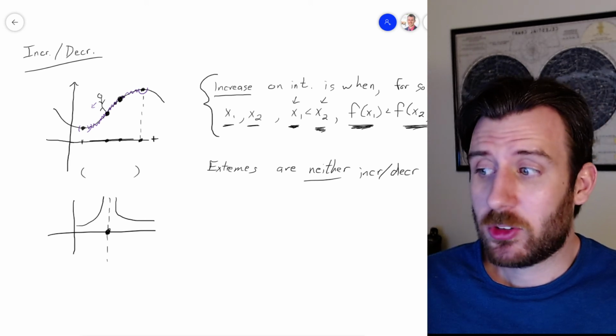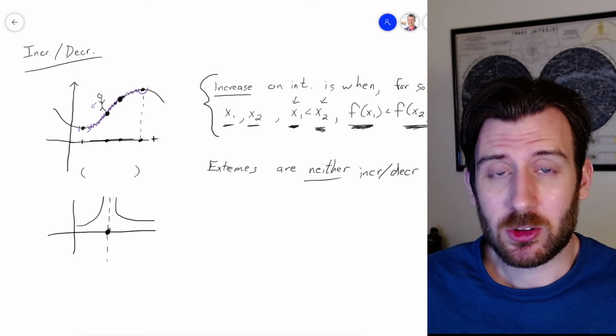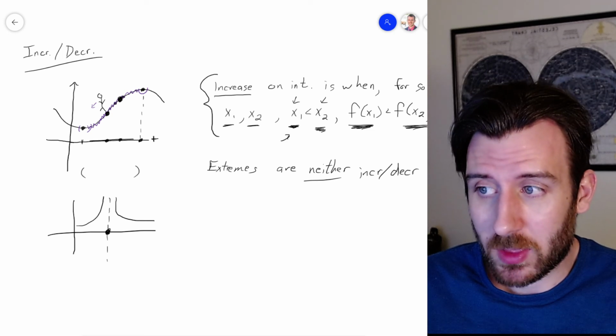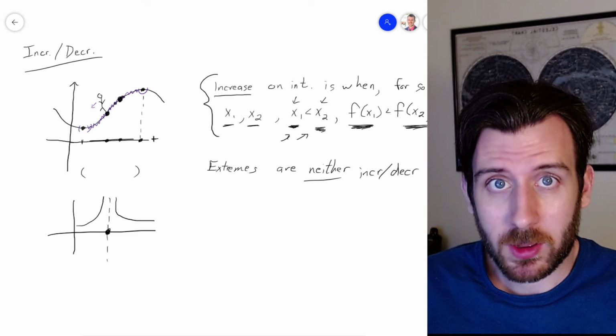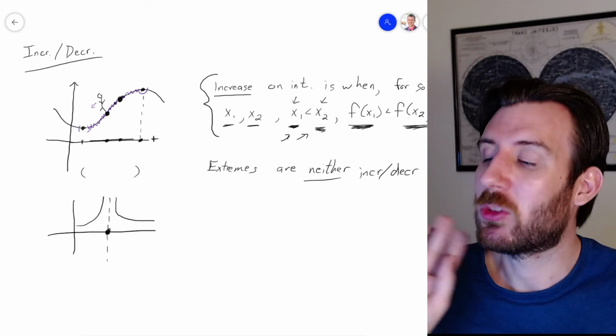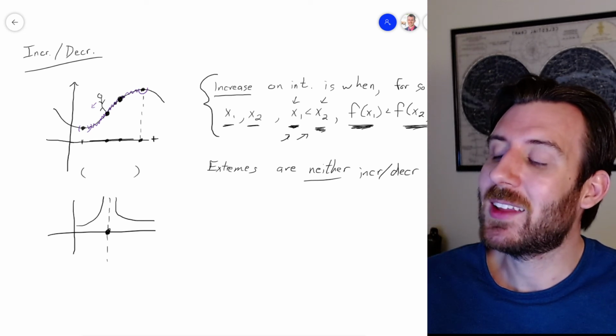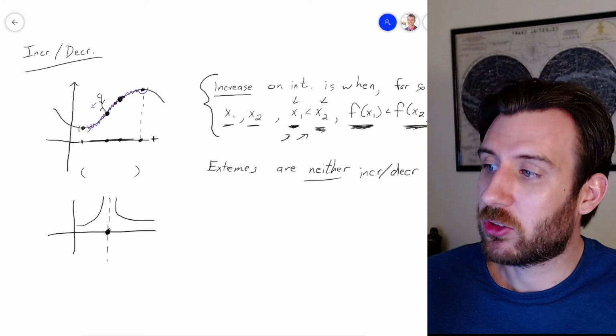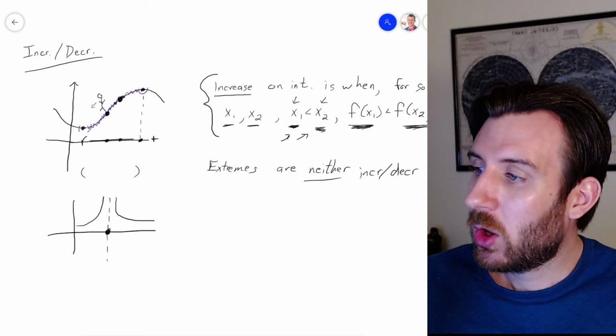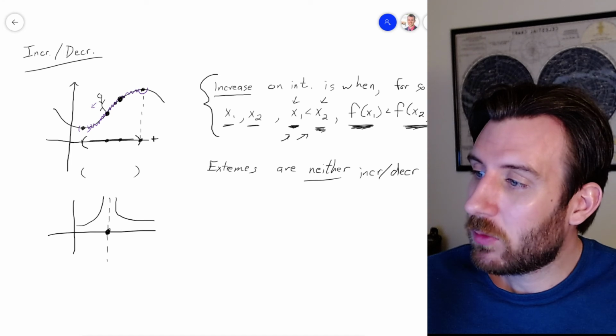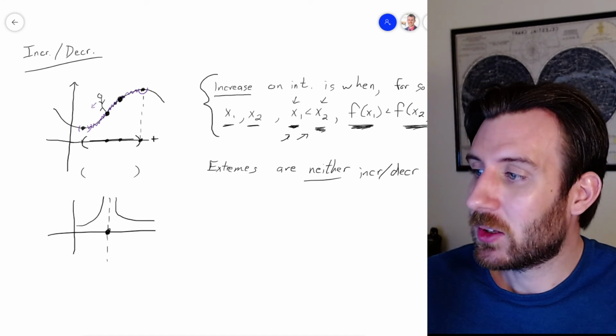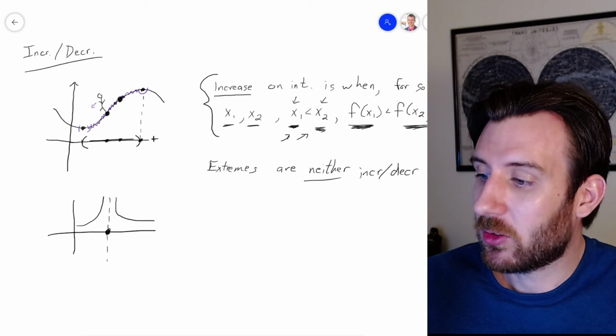Nothing. It's neither increasing nor decreasing. It doesn't exist. You can't find two x values that are both of that problem, so there's not a problem to worry about. So this idea of increasing and decreasing works very well if you are inside of a stretch between extremes. For that reason, we will always be describing intervals of increasing and decreasing using parentheses and not brackets.